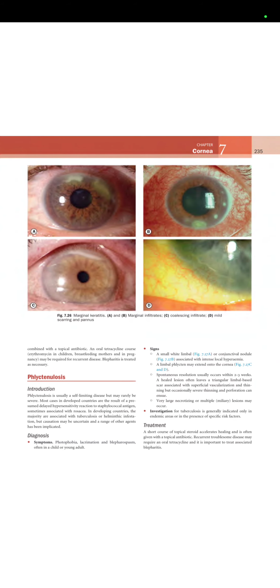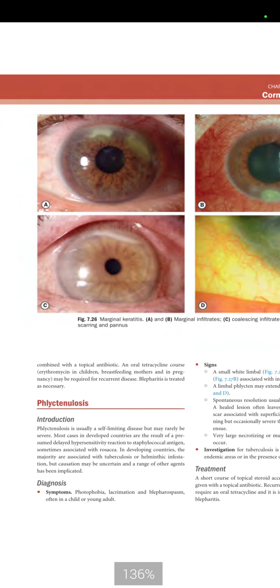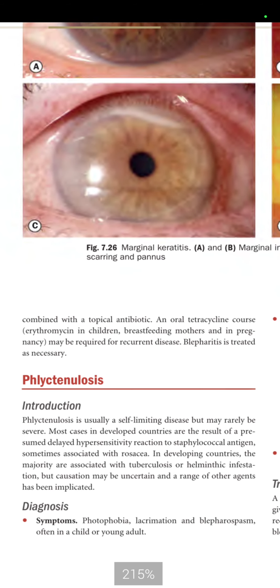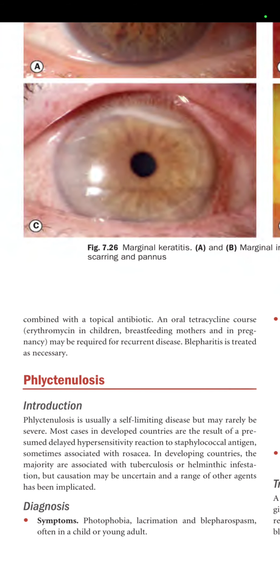Now next is phlyctenulosis. Introduction. Phlyctenulosis is usually a self-limiting disease but may rarely be very severe. Most cases in developed countries are the result of a presumed delayed hypersensitivity reaction to the staphylococcal antigen, sometimes associated with rosacea.